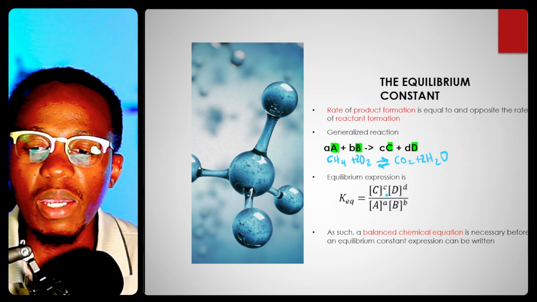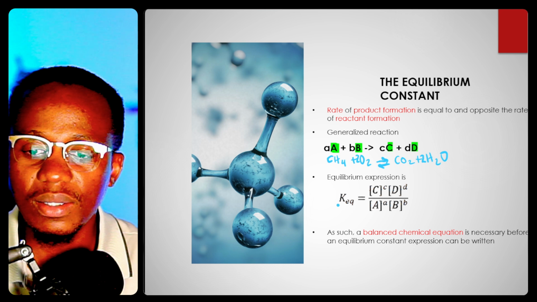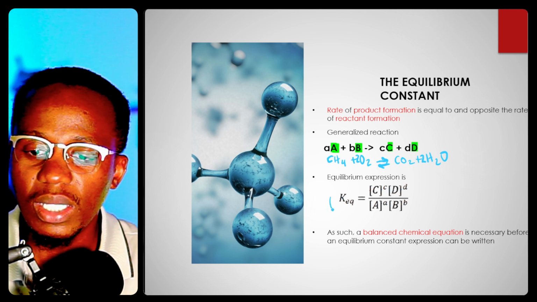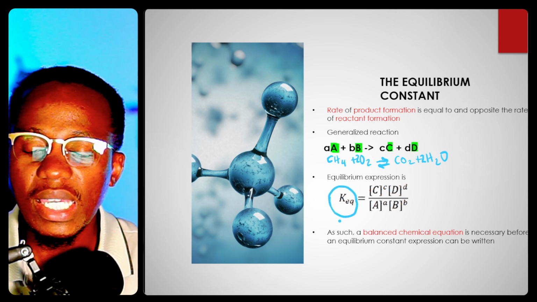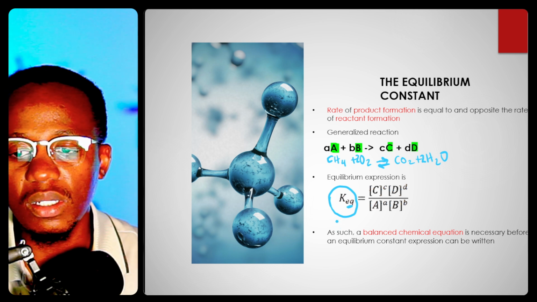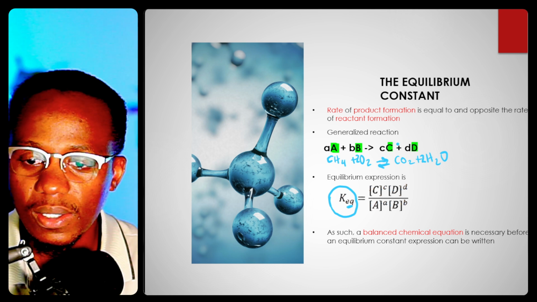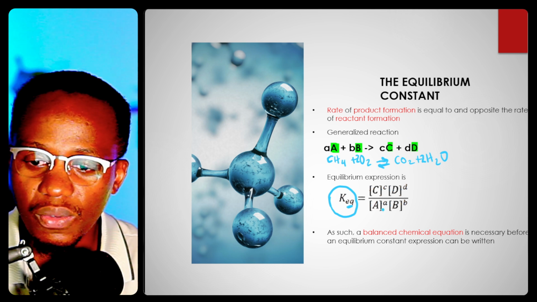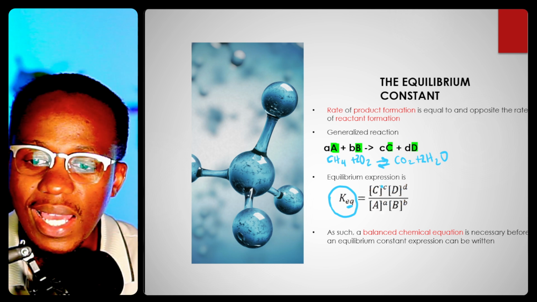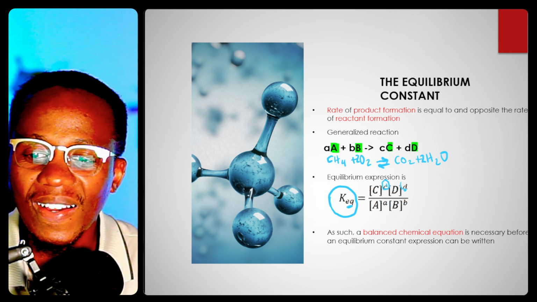So the equilibrium constant, and you will see a lot of K's, right? In this chapter we will talk about a lot of K's. Keq, eq is the equilibrium. The equilibrium constant is going to be equal to the concentration of the products over the concentration of the reactants with their coefficients as exponents.